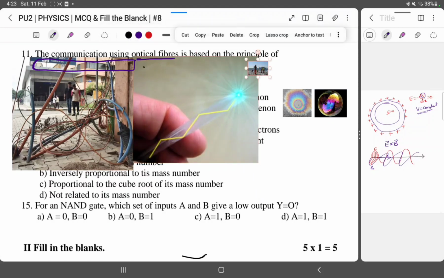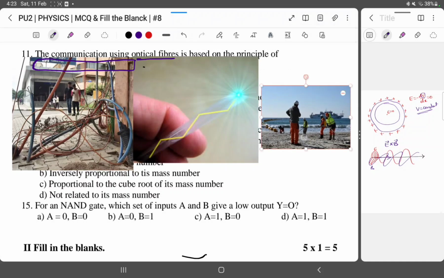Okay, so here you could see the propagation of light inside the optical fiber or a material, and which is getting internally reflected, and it travels longer distance in a short interval of time. That is, speed of light is given by 3 into 10 to the power 8 meter per second.